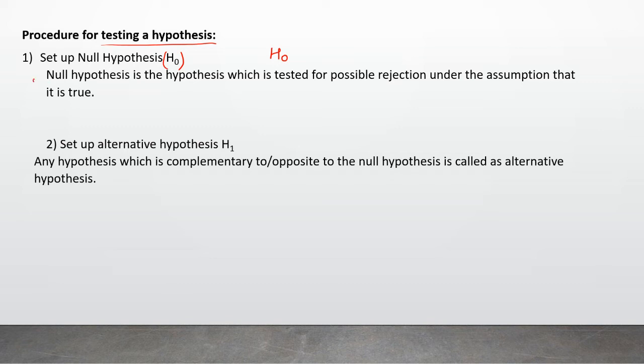Okay, this is the definition, but what does this really mean? We put forward a statement, we assume that that statement is true, and based on whatever results we get, we decide whether what we assumed is really true or false.